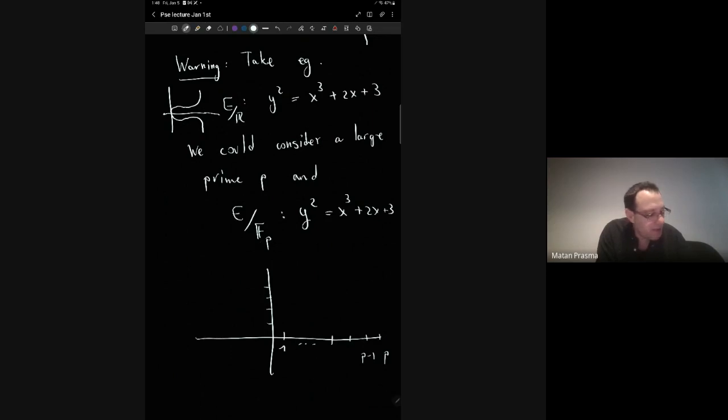FP is a subset of R. And I looked at all solutions. Here the graph was the set of all solutions to this equation. Now I look at the set of all solutions. Why don't I get something like this?